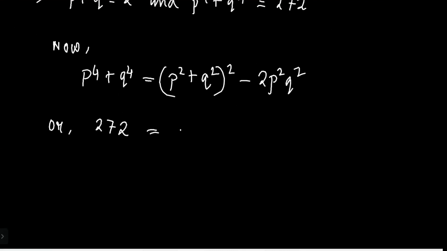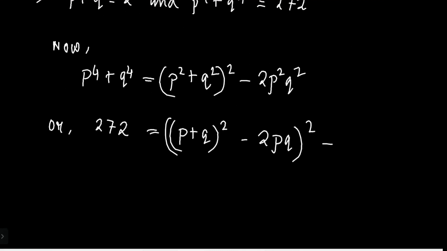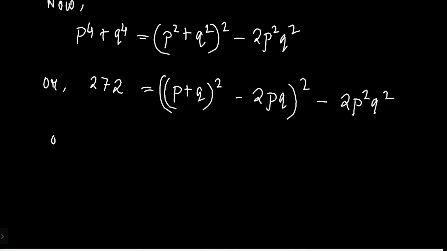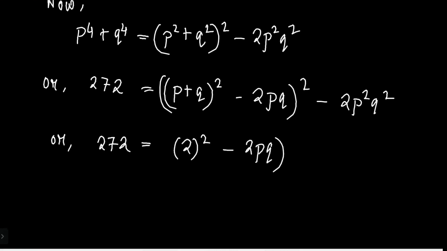We can simplify p square plus q square as p plus q whole square minus 2pq. Now p plus q is given as 2, so 272 equals 2 square minus 2pq, whole square, minus 2p square q square.